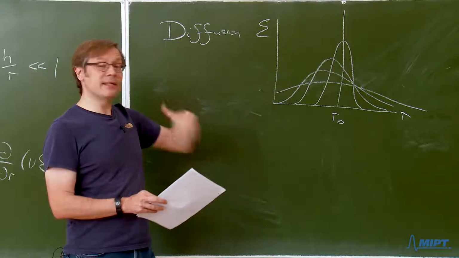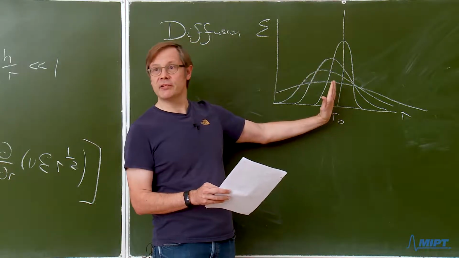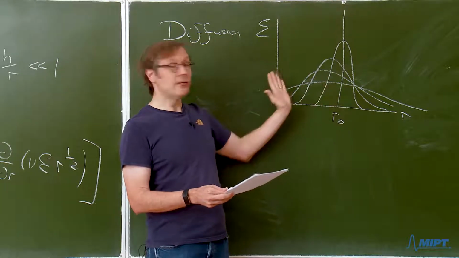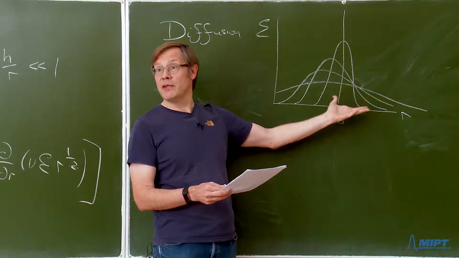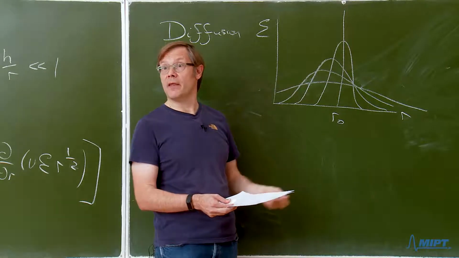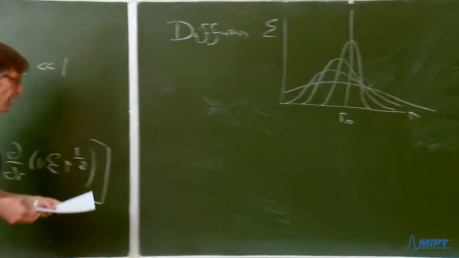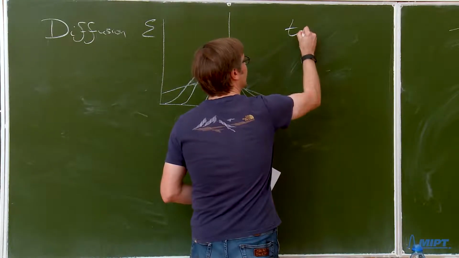So what you have then is, under the action of viscosity, an initially sharp density structure is smoothed out. The mass flows inwards. A very small amount of mass moves outwards in such a way as to conserve the total angular momentum within the disk. Okay. So if we have this kind of thing going on, there's a characteristic time scale.